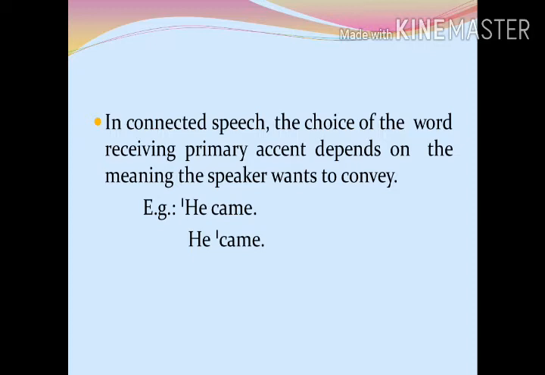On the other hand, if came is to be emphasized, then the primary accent will be on that word. Thus, the meaning conveyed by an utterance largely determines the accentual patterns in connected speech. Because of this, the accentual patterns in connected speech are freer than those of individual words.